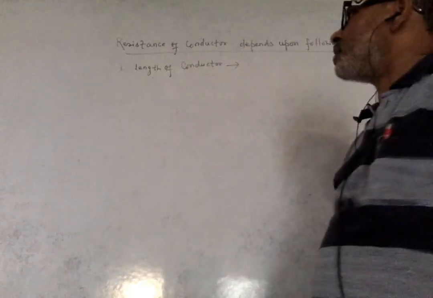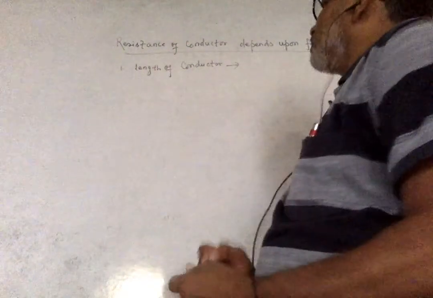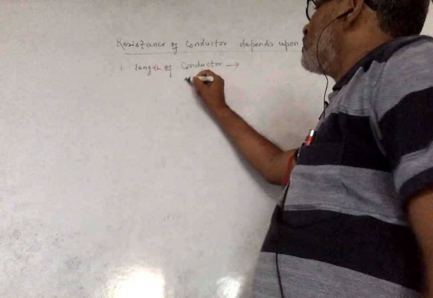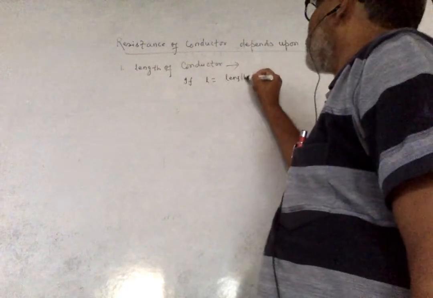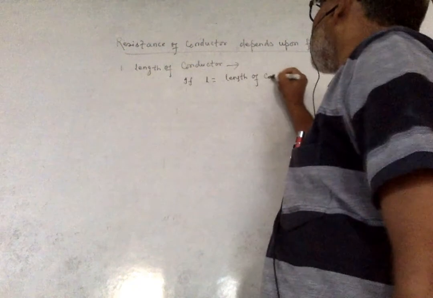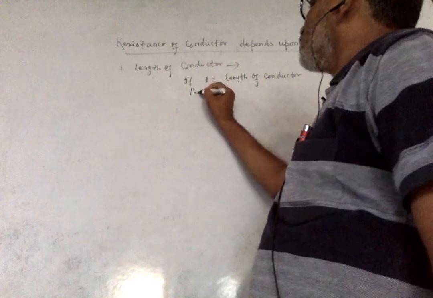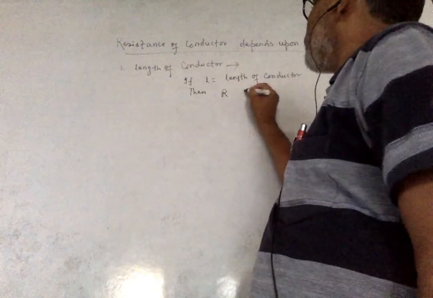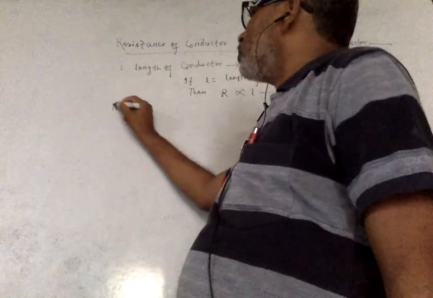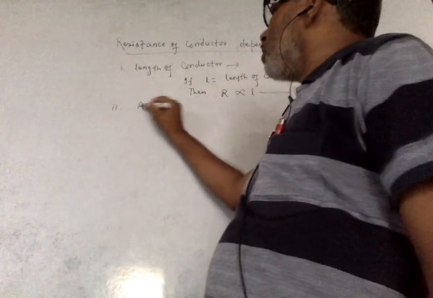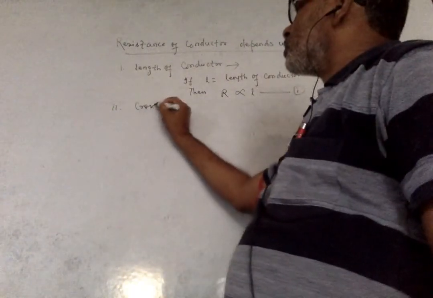Resistance of a conductor is directly proportional to its length. If L equals the length of the conductor, then R is proportional to L. Number 2, cross sectional area of conductor.